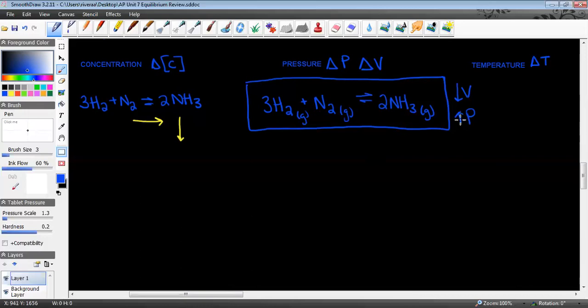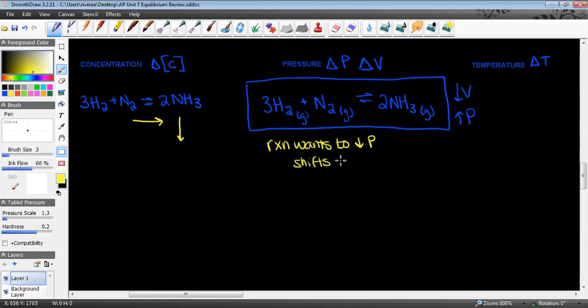So if I increase pressure, the reaction wants to decrease the pressure. How does the reaction decrease the pressure?